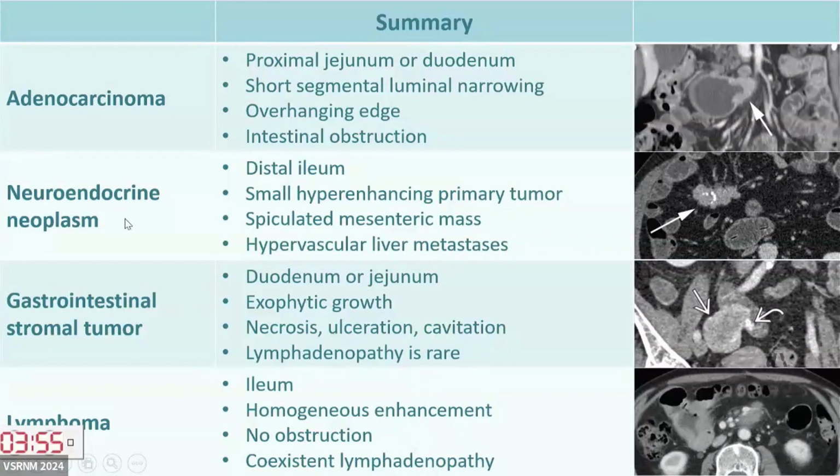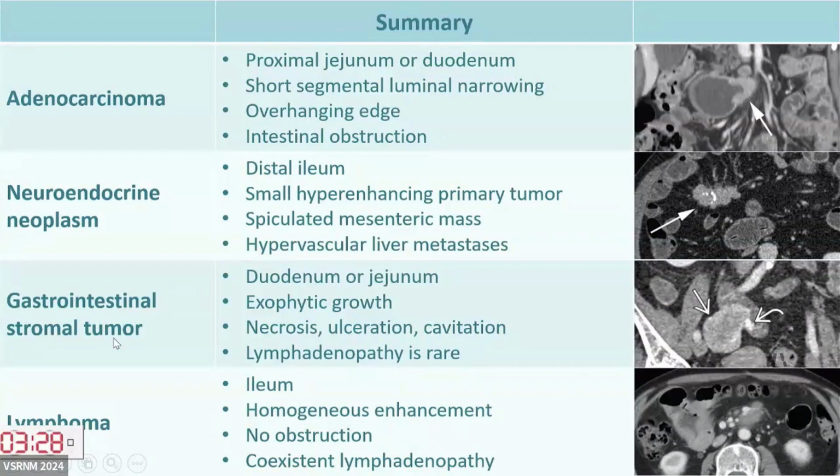Neuroendocrine neoplasms are usually seen at the distal ileum. The primary tumor is usually very small and hypervascular, with good enhancement. When there is mesenteric metastasis, it's a spiculated mass. And if it has a liver metastasis, it appears as a hypervascular tumor.